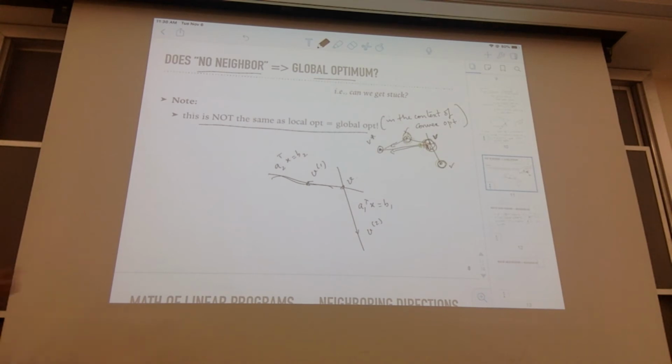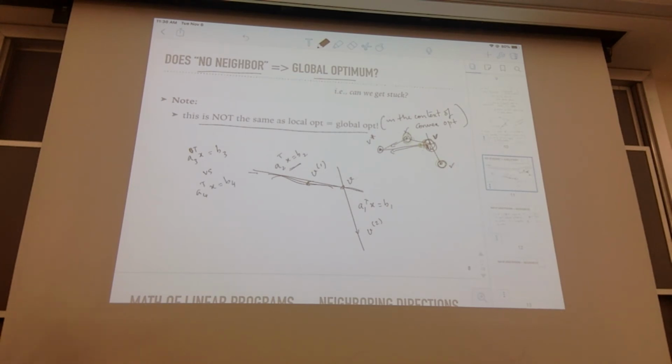So now I'm asking you, if I drop, let's say A1 x equals b1, then that means that I'm on this line, because I'm keeping A2 x equals b2. Now let's say I want to intersect it with A3 transpose x equals b3 versus A4 transpose x equals b4.